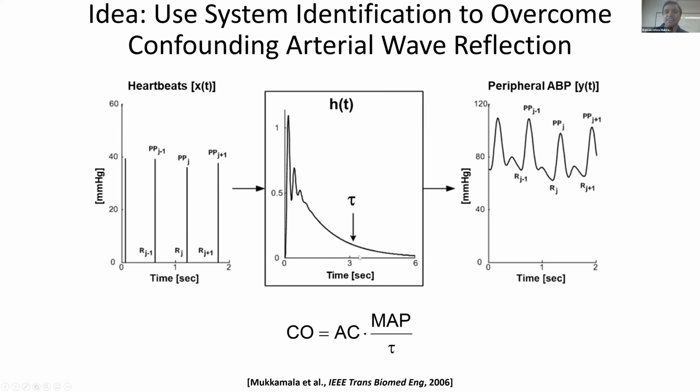More specifically, the arterial blood pressure response to a single heartbeat is estimated from the waveform. Then the Windkessel or RC time constant is determined by fitting an exponential to the tail end of this response once the faster wave reflections vanish. And finally, cardiac output is computed to within an arterial compliance scale factor as mean arterial pressure divided by the time constant.